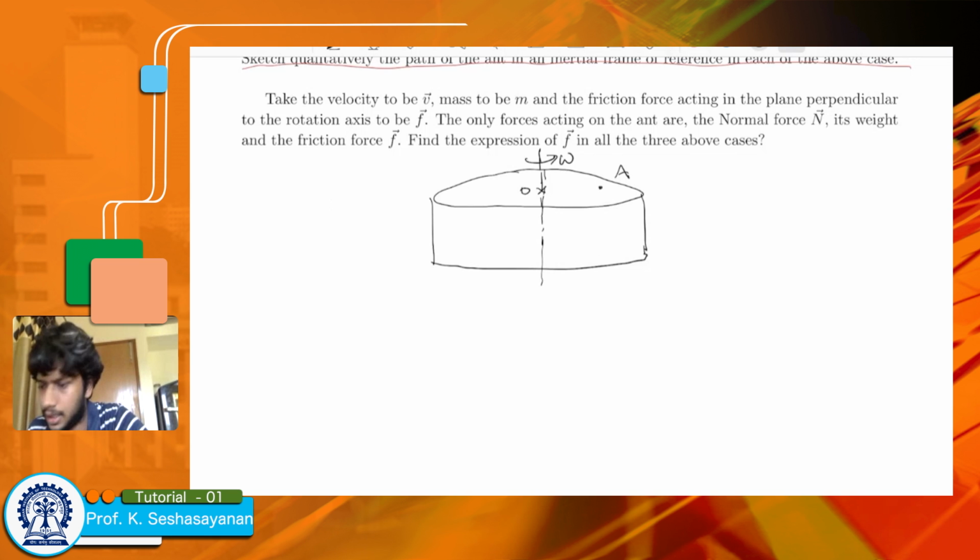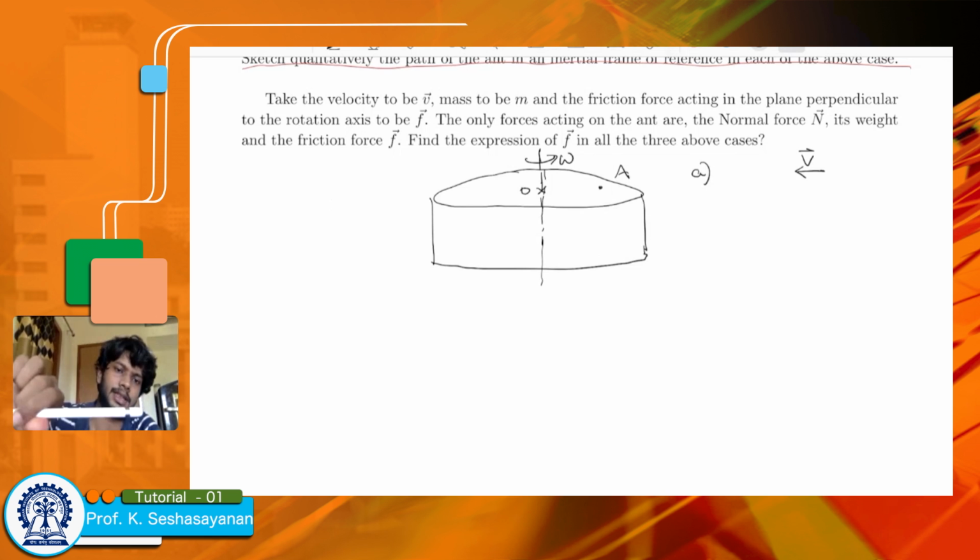And the A part is that the ant walks towards the center. So in that sense, it has a velocity v which is going towards the center. So it tries to walk towards the center with the velocity v.